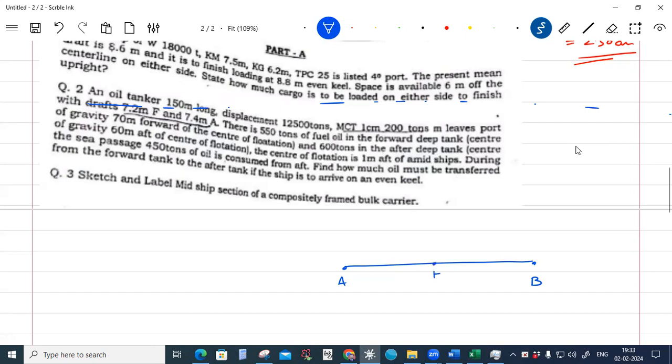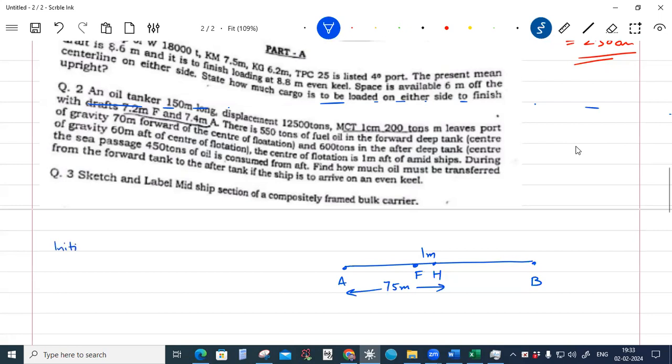So midship is here, which is 75 meter. The COF is here, which is 1 meter. During the passage, 450 ton of oil is consumed. Find how much oil must be transferred from the forward tank to the aft tank if the ship has to arrive on the even keel.